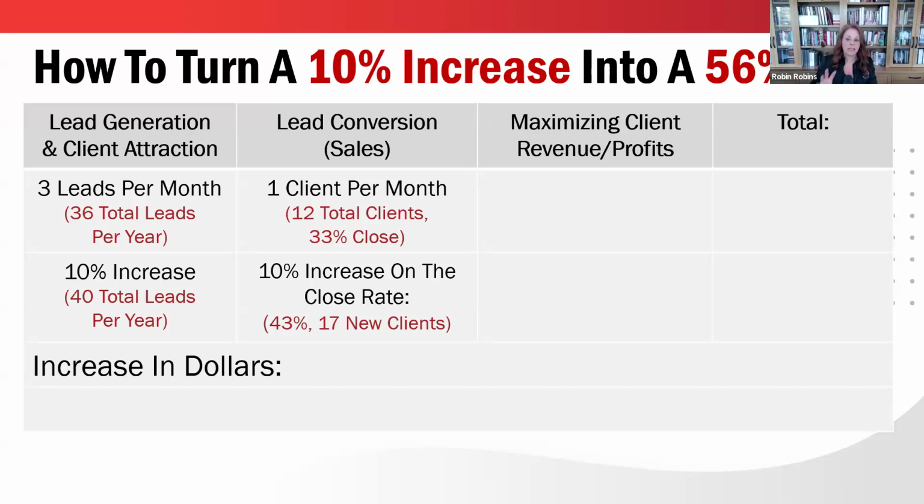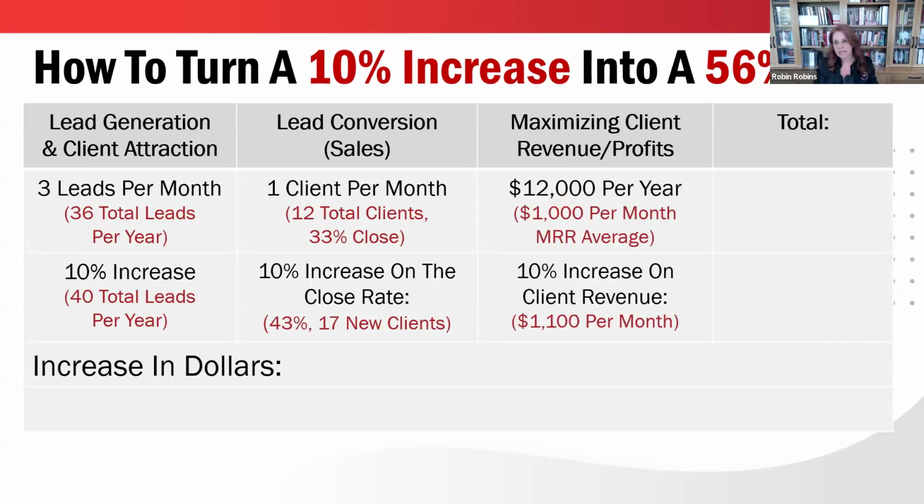So that's pretty good. But let's say that's you, 33%, you're getting 12 clients a year, 1 per month, okay? And with a better capture, lead follow-up, better sales process, we don't radically change things, but we bump it by 10%. So the close rate's now 43% instead of 33%.